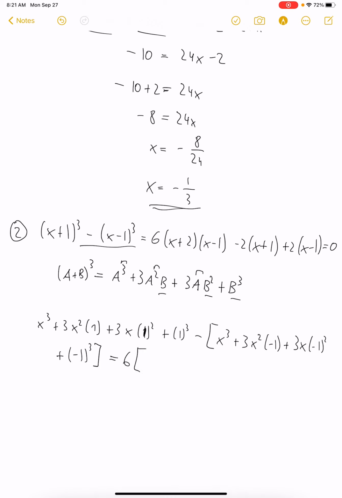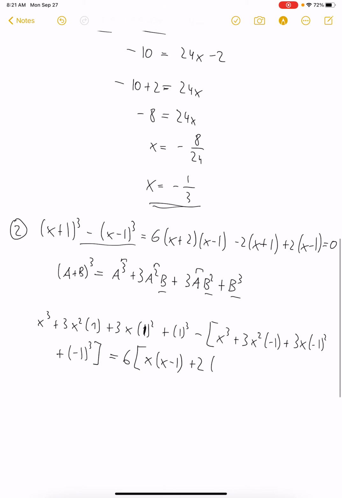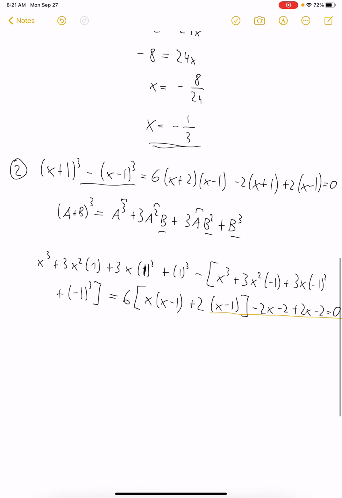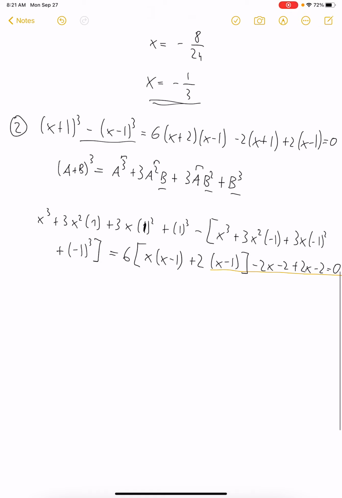And again, we will split the first bracket into x times (x minus 1), and then there is plus 2(x minus 1). And what we are left with is minus 2x minus 2 plus 2x minus 2. And this should be equal to 0. Okay, so let's simplify some of the terms. In the first bracket, we have x cubed plus 3x squared plus 3x plus 1.